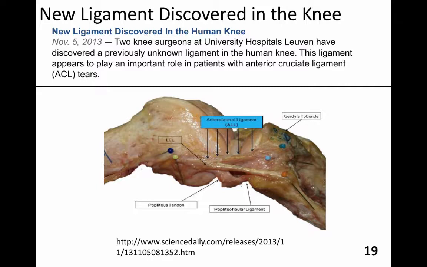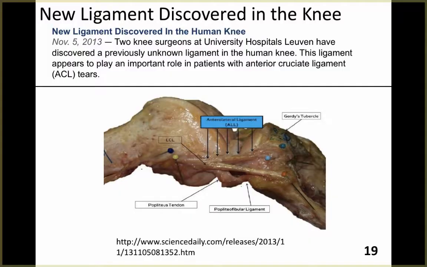This ligament appears to play an important role in patients with ACL tears. So you can kind of see it right here. That's the amazing thing about science: you think you know everything, and then a few years later, whoop, there it is, and then they were able to find it.